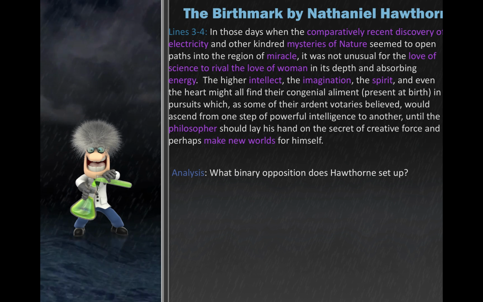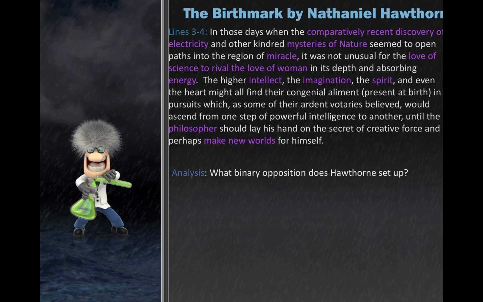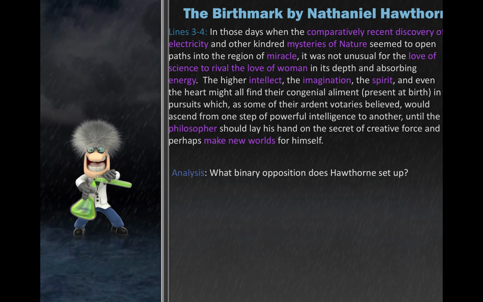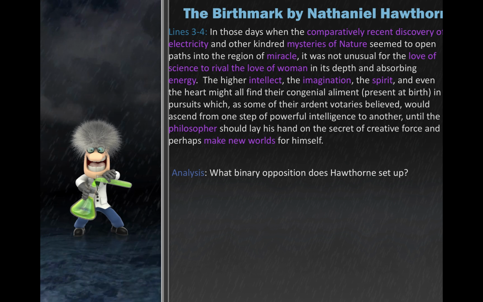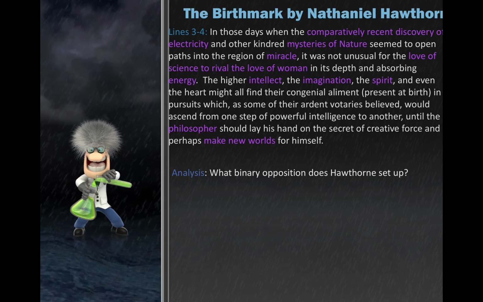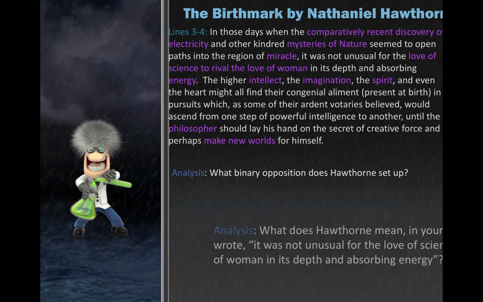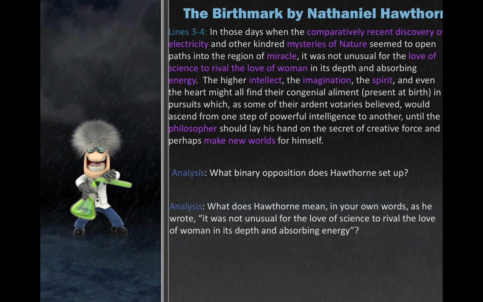Intellect versus spirit, and religious versus scientific. And so what you want to be thinking in a binary opposition lens is, of those, what does he privilege? And it says he can make a new world for himself, right?